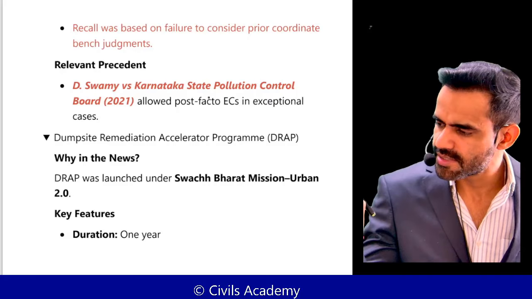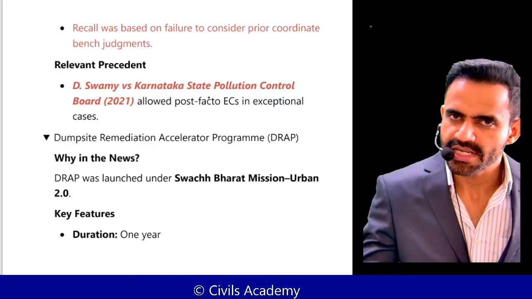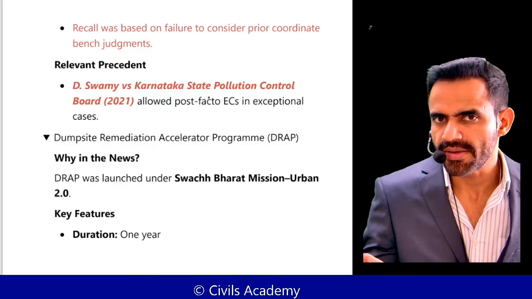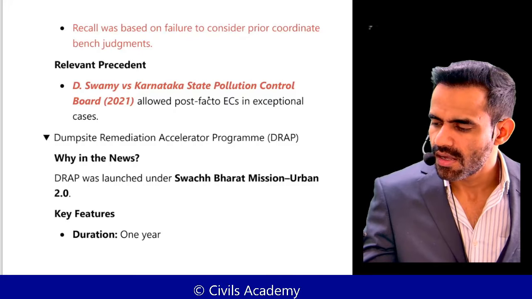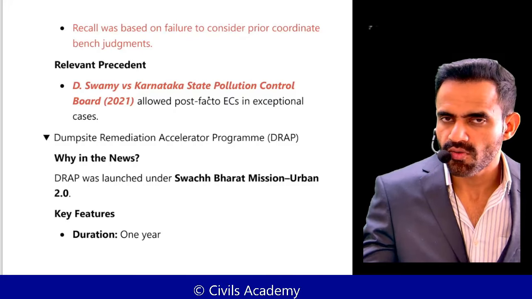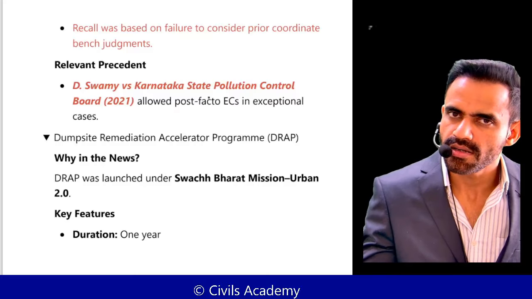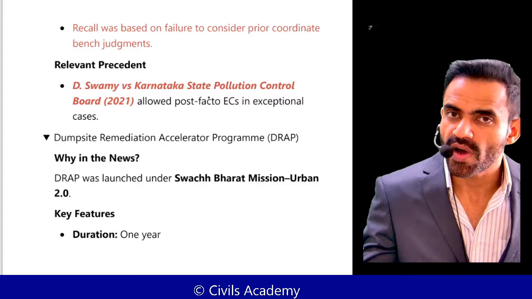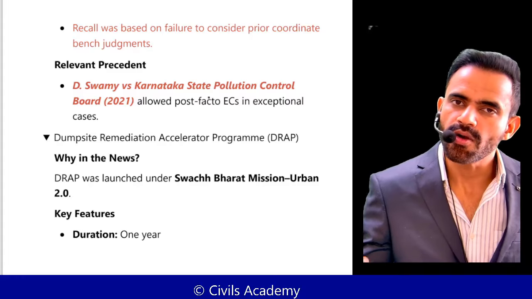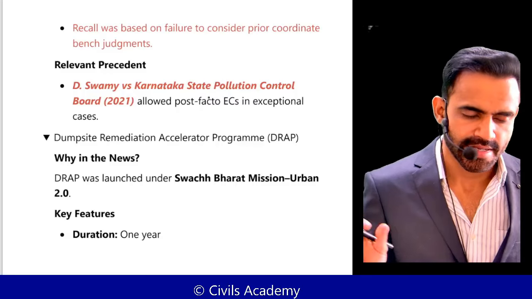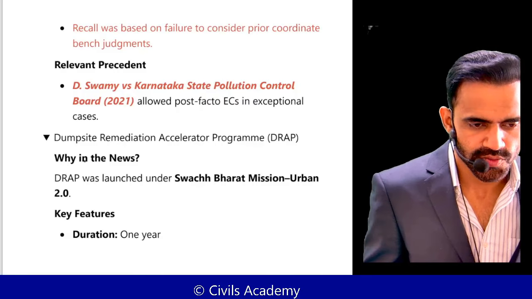Okay, three things. Ex post facto means the project has started, and now environment clearance was given. Ideally, it should have been done earlier. In the Vanashakti judgment, the court said no, you should not give ex post facto approval. Now, the court said that the Vanashakti judgment was wrong. Why so? Because in past cases, the court has allowed ex post facto approval in certain cases. That is the entire issue.